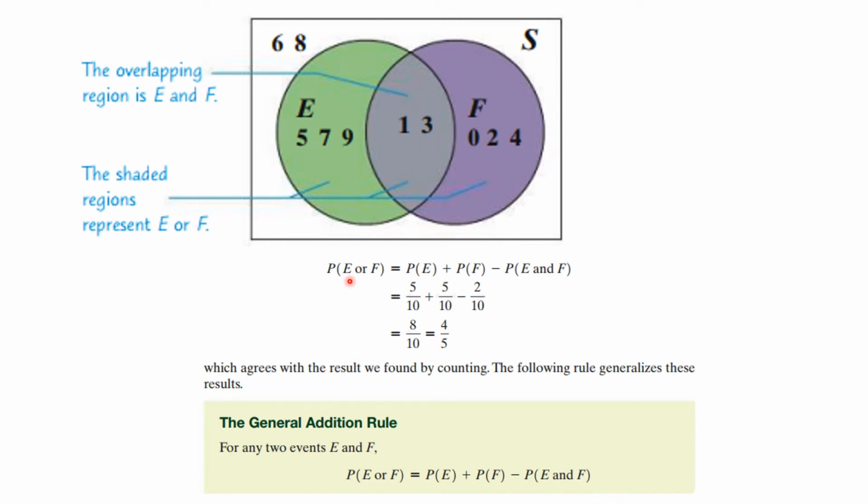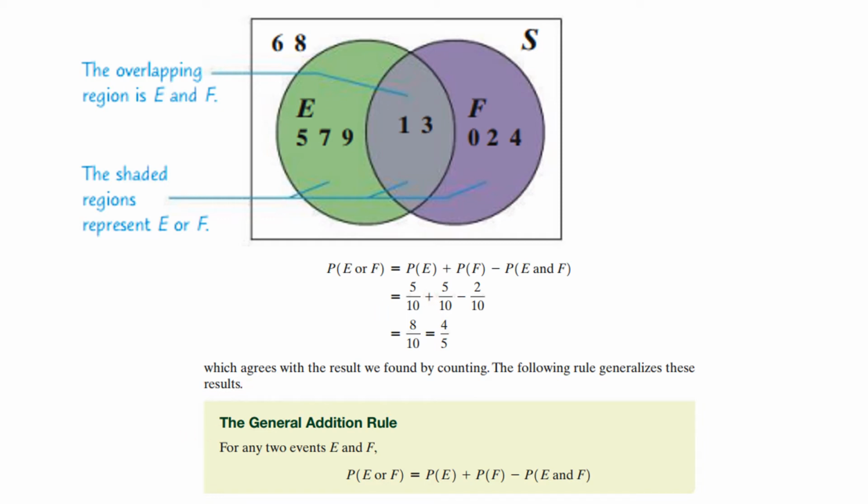So the probability of E or F can be found by the probability of E, which is 5 out of 10, plus the probability of F, which is 5 out of 10, and we subtract off those elements that are in E and F, and so that will be the probability of E and F, minus 2 over 10. So this would be 1 minus 2 over 10, which is 8 over 10, or in lowest terms, 4 over 5.